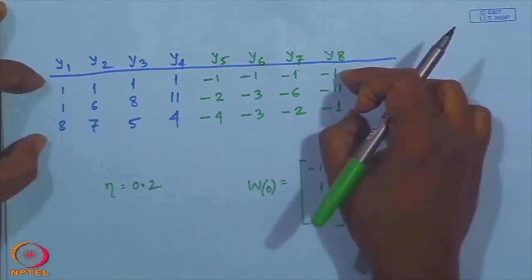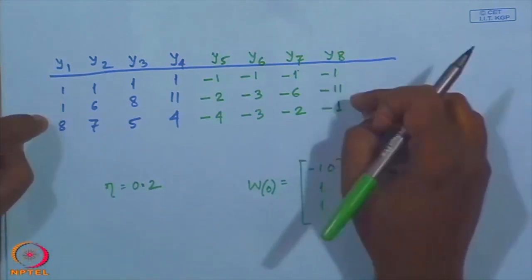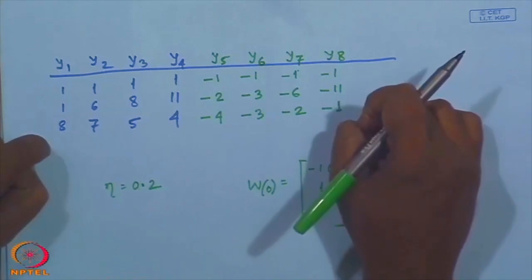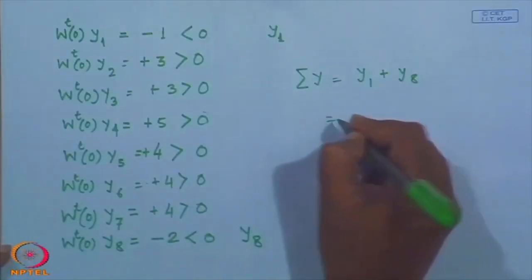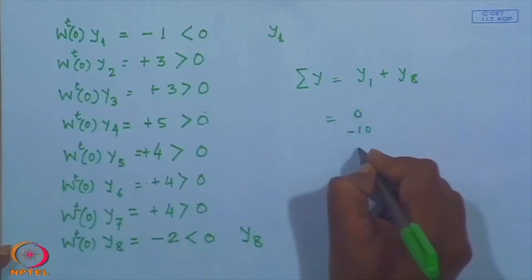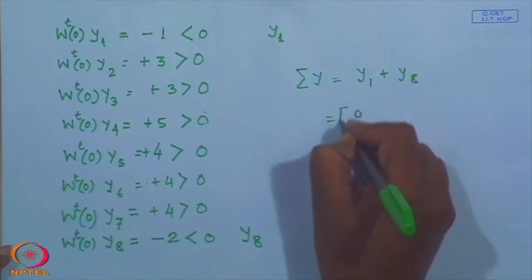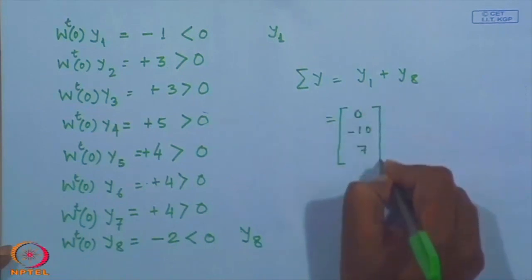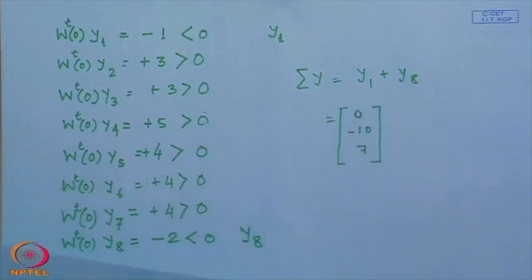If I add these two, what I get is 0, minus 10, 7. So the sum of y, which are misclassified, is 0, minus 10 and 7.